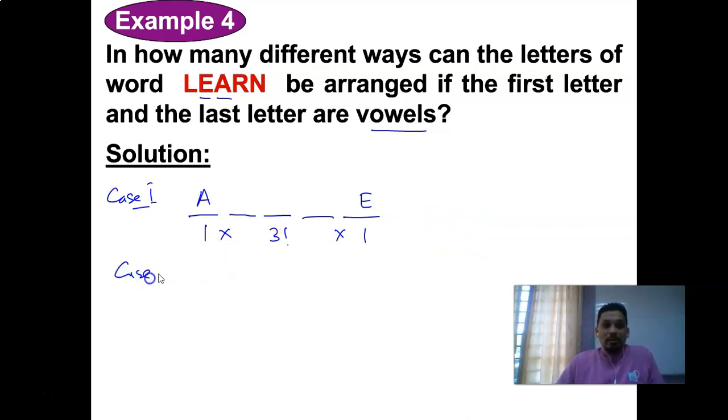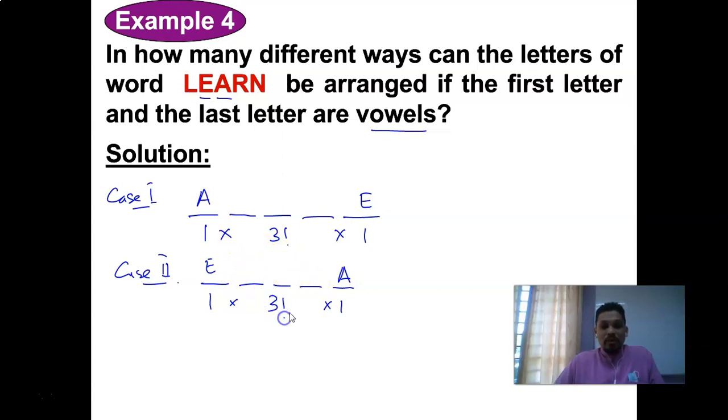And then case number 2. Again, if we begin with E and end up with A, we again have L, R, N that we need to arrange here. So 1 times 1, and then LRN, LNR, RLN, whatever.